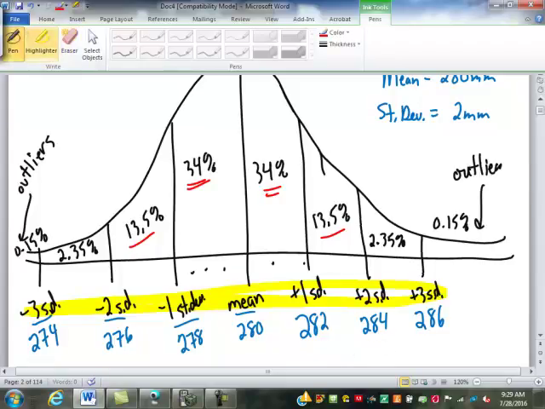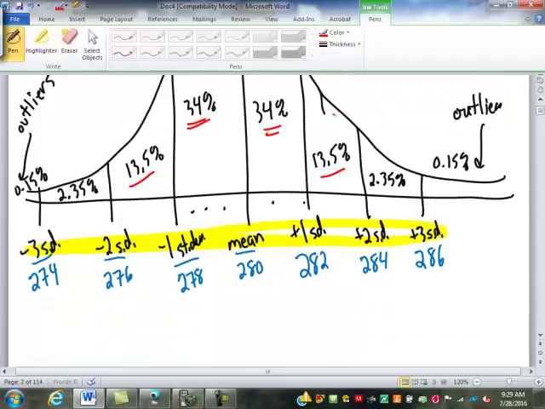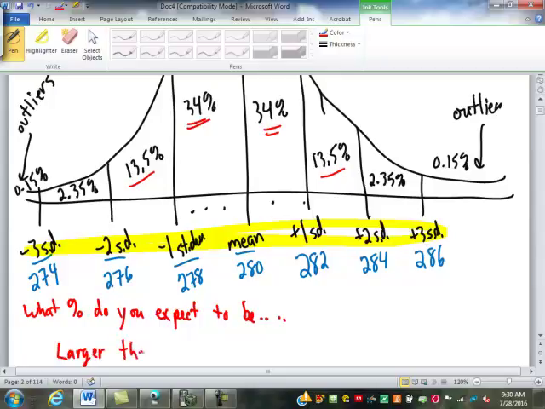So if I asked you what percent do you expect to be larger than 278 millimeters?